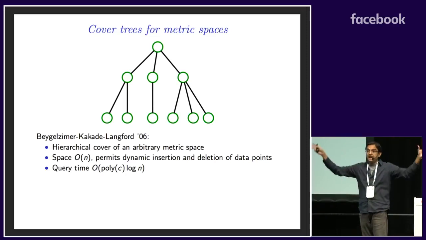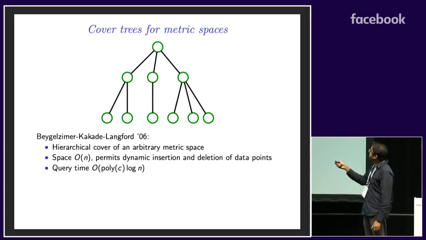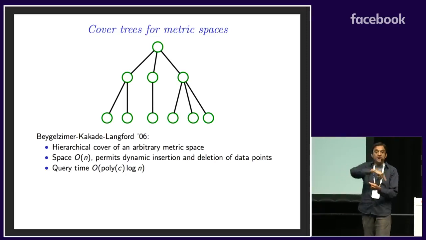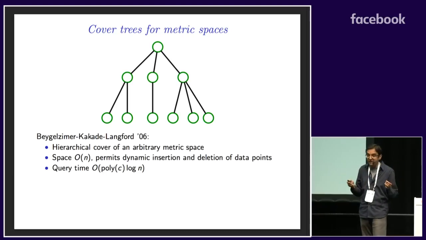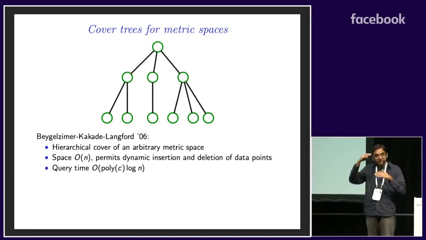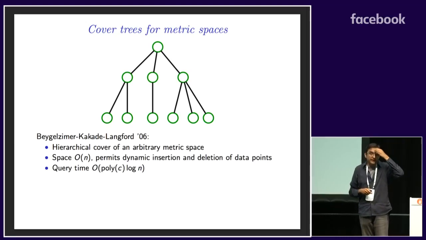Let's say the data has diameter 1. Then the top node is a 1 cover of the data points. Everything's within distance 1 of it. At the next level, the points are a half cover of the data. Everything's within distance half of one of these points. The next level is a quarter cover. Everything's within distance a quarter. So it's a very organized hierarchy.